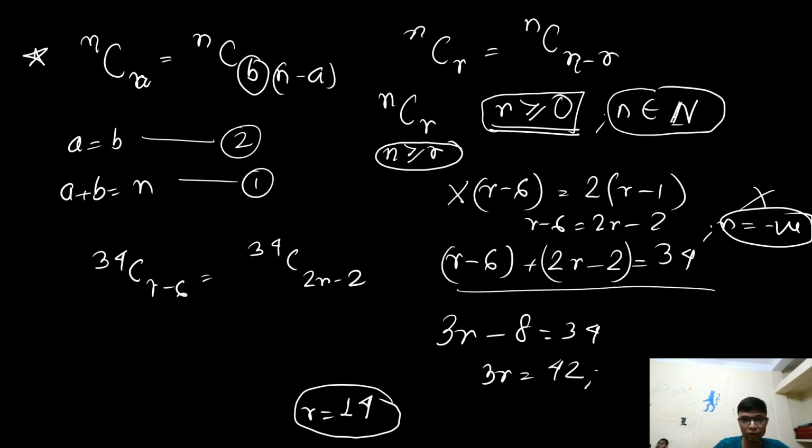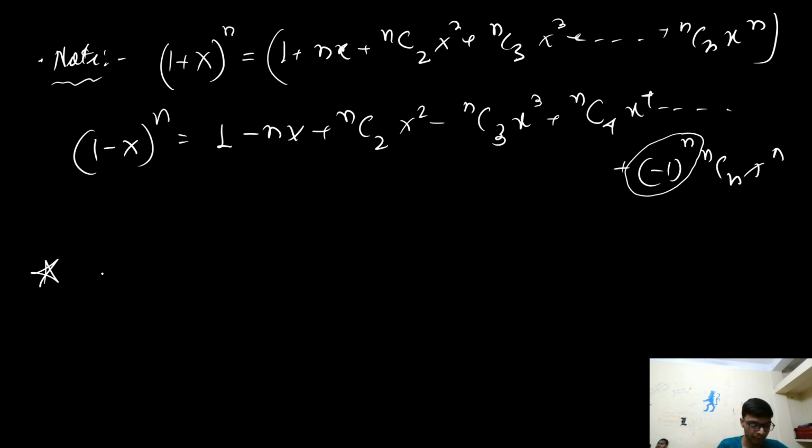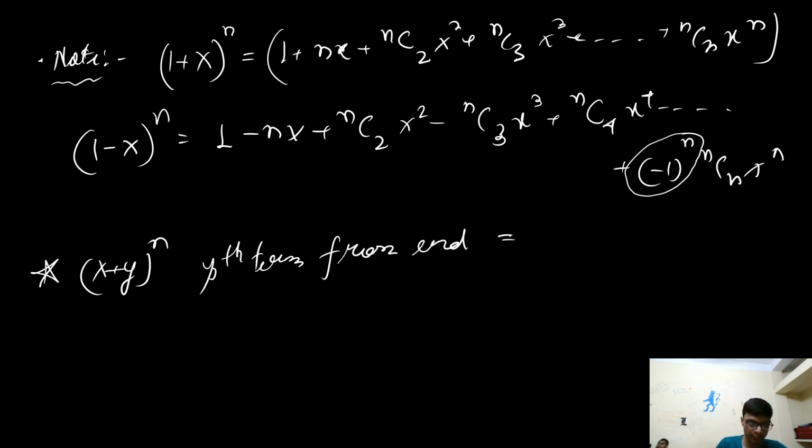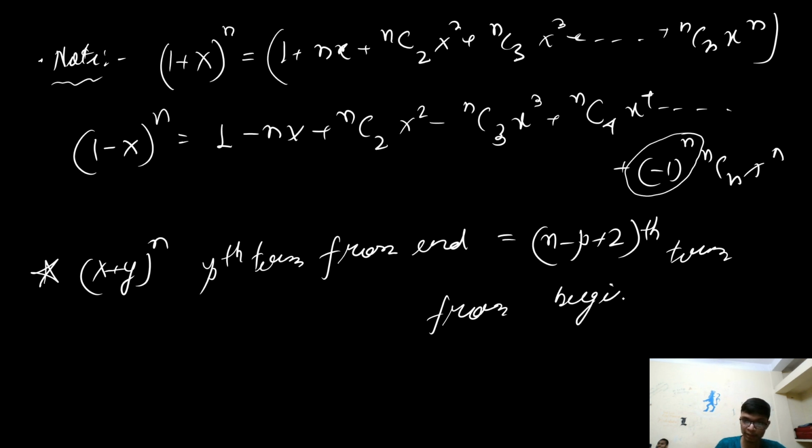Also, in a binomial expansion of x plus y की power n, the pth term from the end will be equal to the n minus p plus 2th term from the beginning of the same binomial expansion.